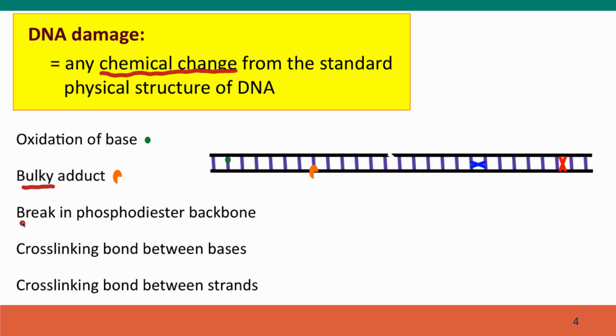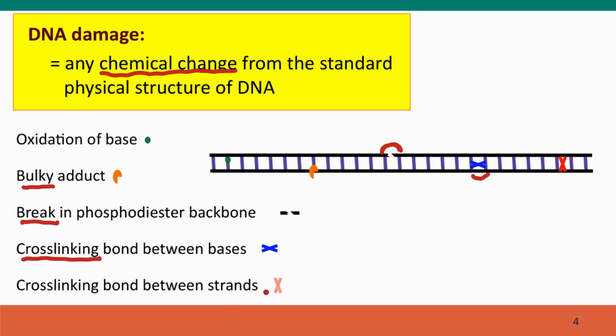A different kind is damages that are breaks, indicated here by a gap in the DNA backbone where the bases haven't been changed, but the covalent connection between one base and the next has been destroyed. The opposite of breaks are crosslinks, bonds that form where bonds should not be, and there are two kinds. First, we can think of crosslinks between adjacent bases. The backbone's still intact, but the bases are covalently joined to each other.